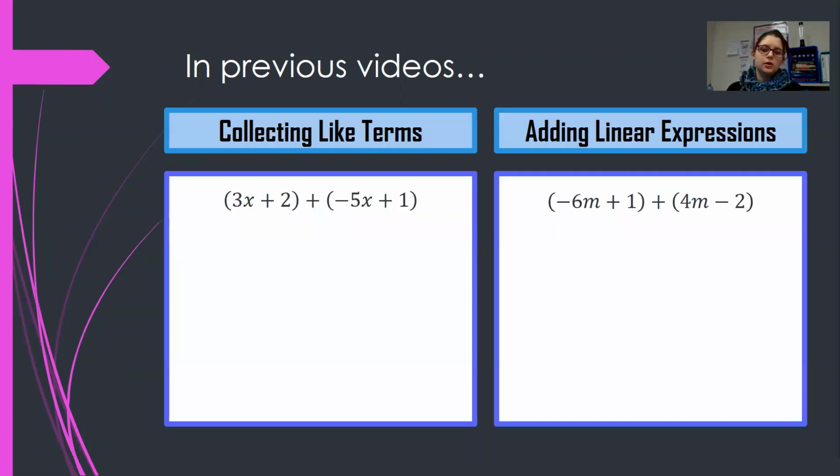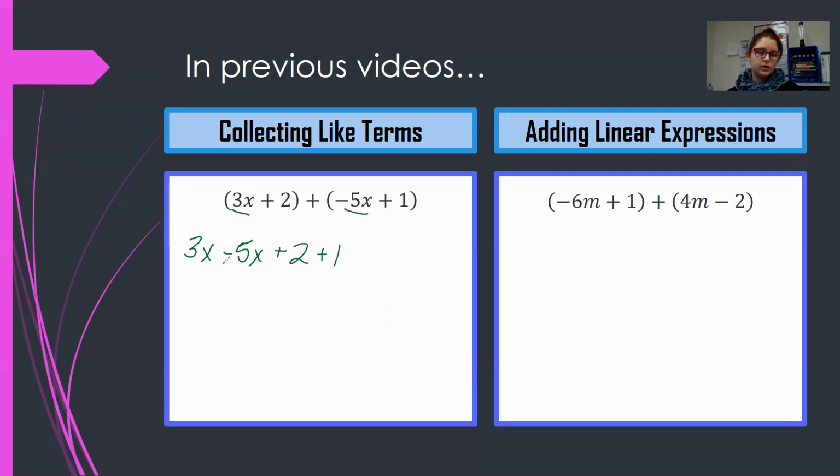So in a previous video, we looked at collecting like terms, and when we collected like terms, we simply lined up our same terms together. So the 3x went with the negative 5x, and the 2 went with the 1. And so we would combine these and say 3x minus 5x.